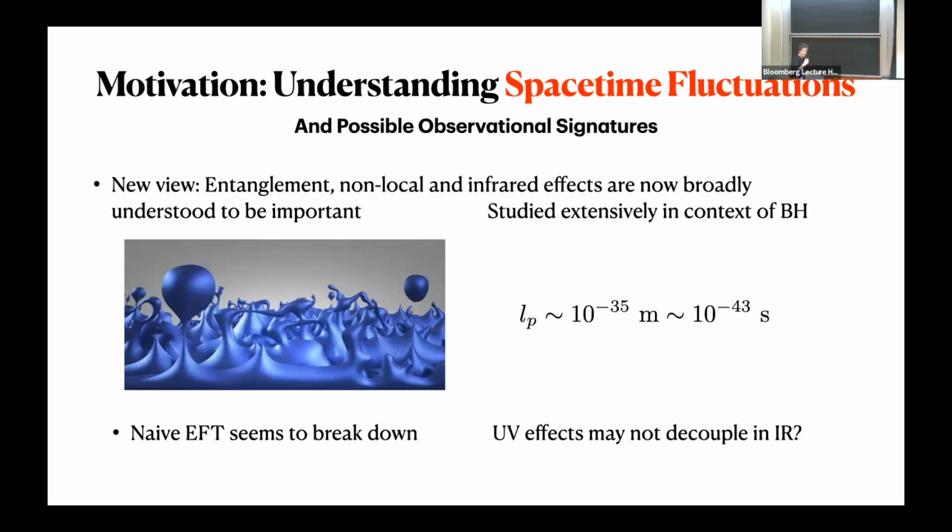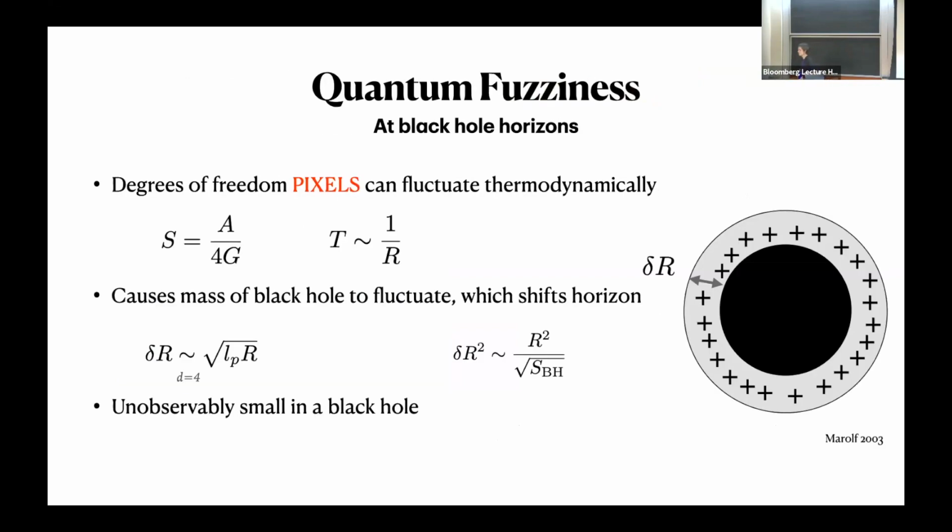What actually got me inspired to look into this, well, this isn't entirely true, but there's an example that we know in the literature, which dates to an example from Don Marolf in 2003. What he did in 2003 was he asked about a black hole horizon.